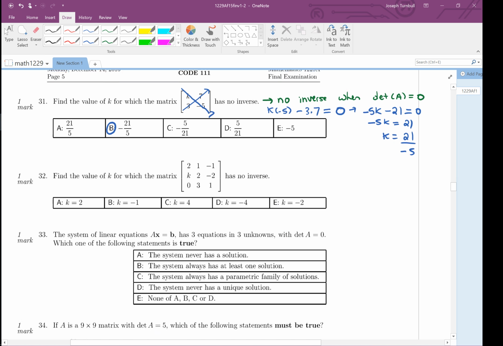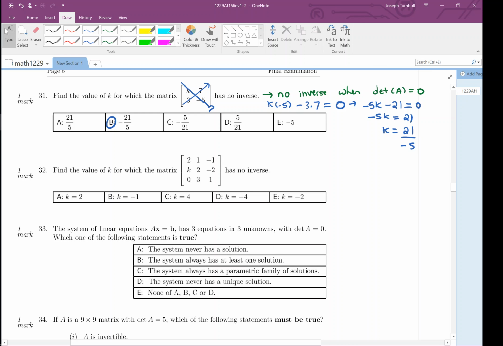Okay, 32. Find the value of k for which this matrix has no inverse. Same, just a harder determinant. No inverse. There's other ways too.